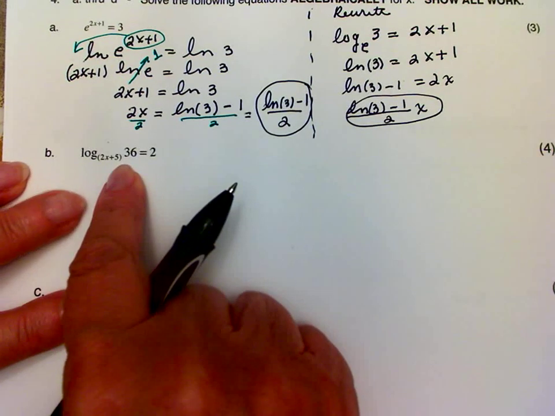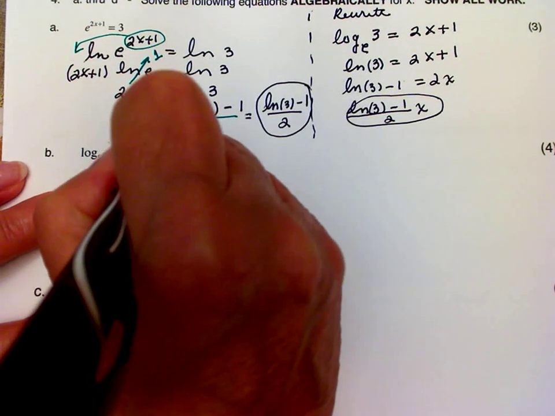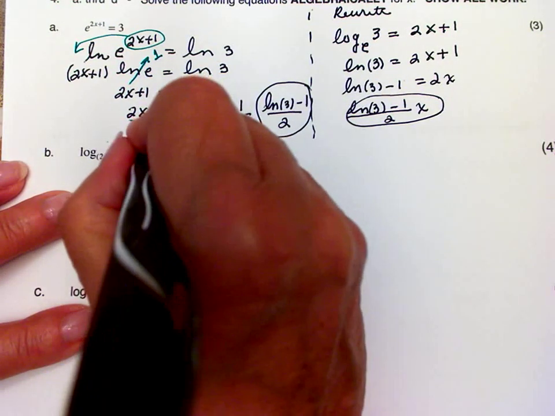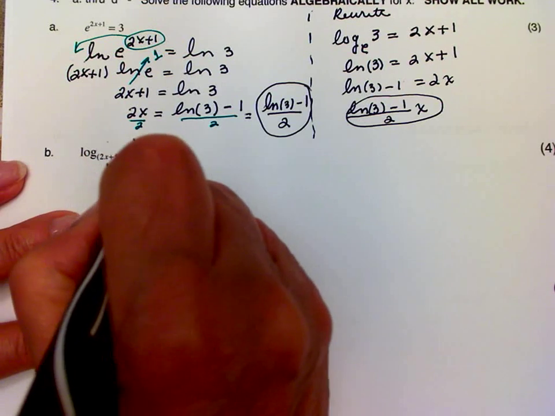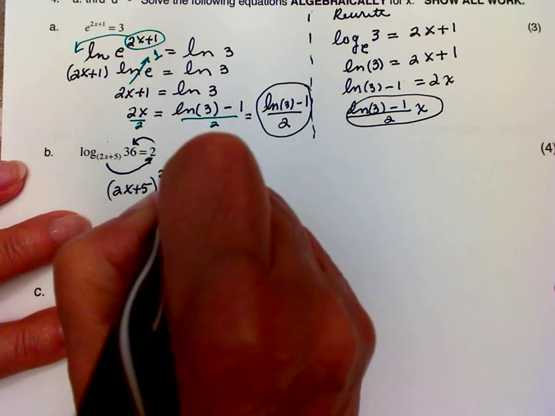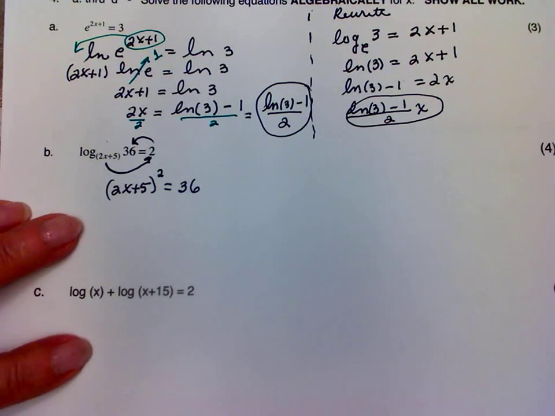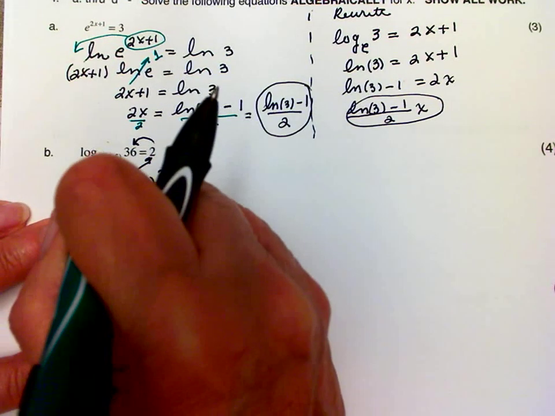With this one, what you want to do is rewrite it in exponential notation. So (2x plus 5) squared is equal to 36. Now some of you multiply that out completely. That'll work too. Or remember, we can use a square root property.